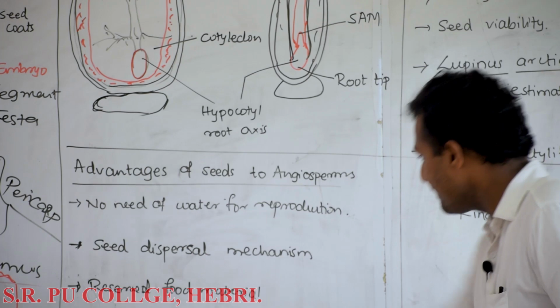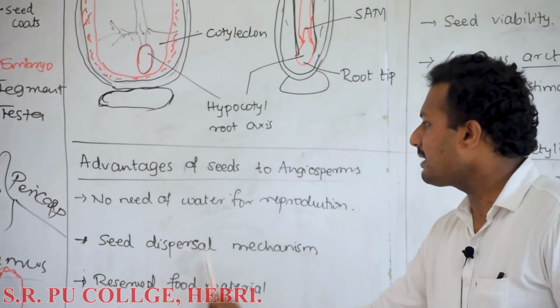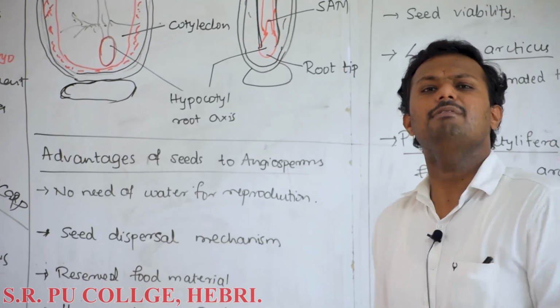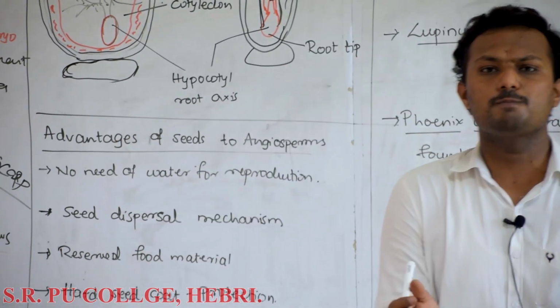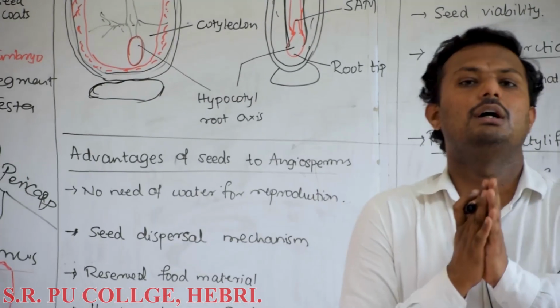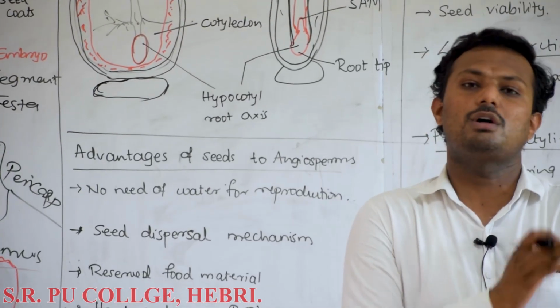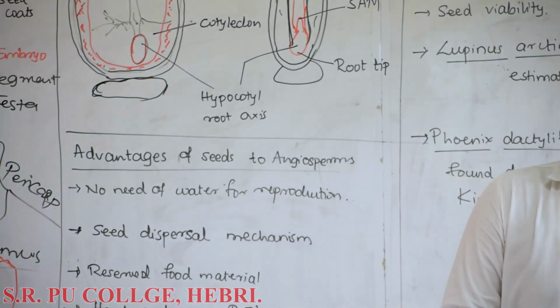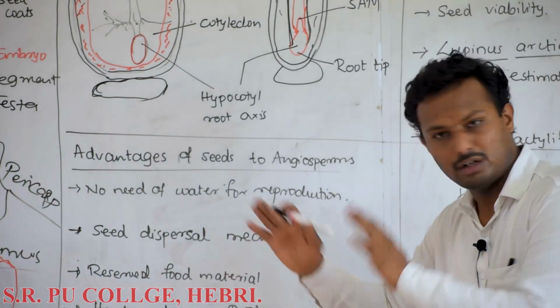The second says, the seed dispersal mechanism of the angiosperms favors the distribution of the angiosperms throughout the world on almost all the different vegetations, or on almost all the different types of environmental conditions on the earth.